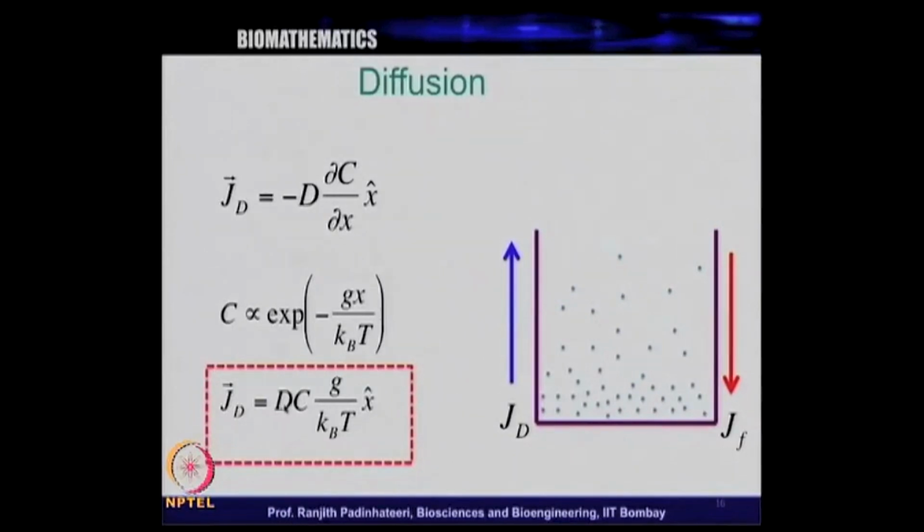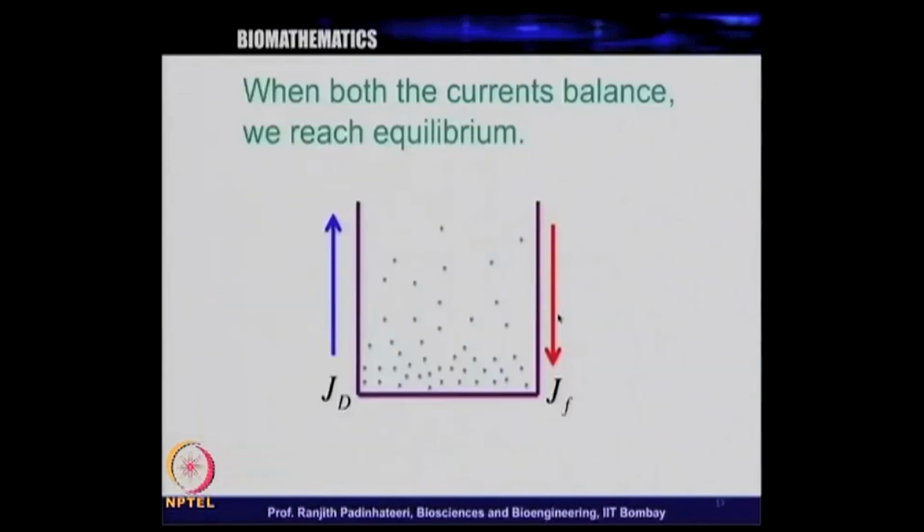upwards is D C G by kBT along the x cap direction, and we had JF downwards and JD upwards. So, we had current downwards and current upwards. When you have currents in opposite direction, we said that when both these currents balance, the current upwards and the current downwards, we reach equilibrium.